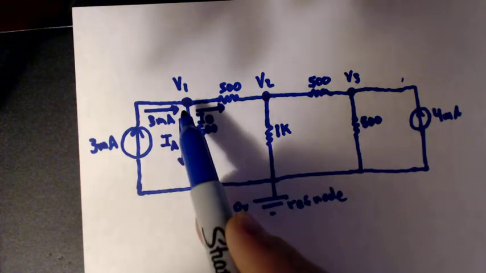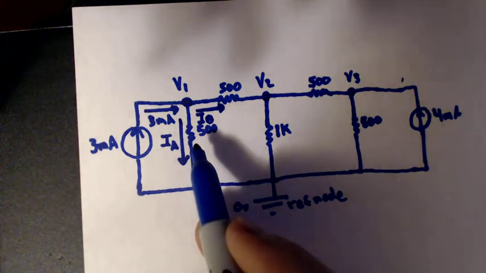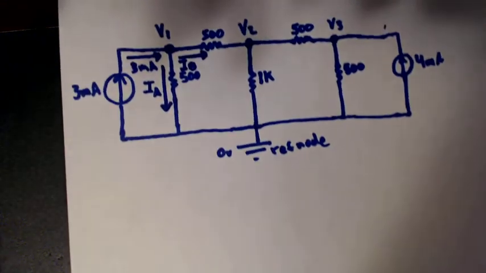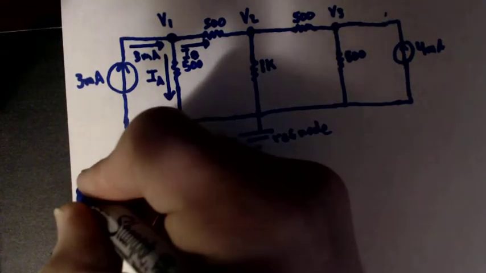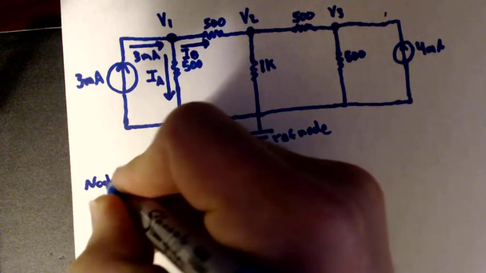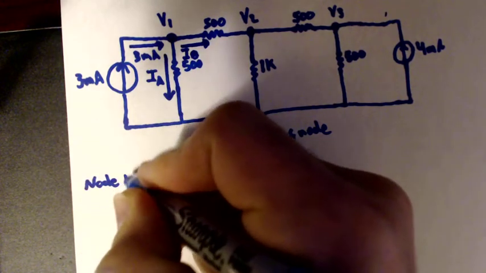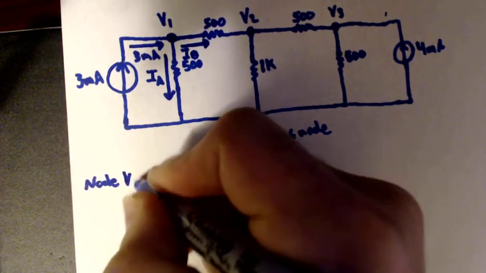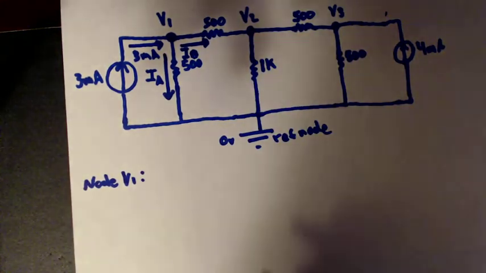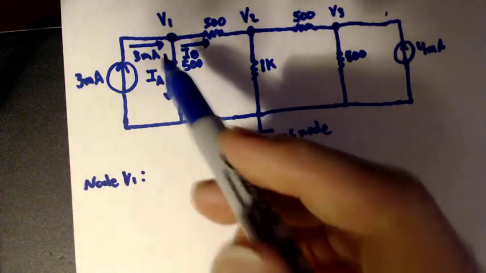Great. Let's write what this KCL expression is. Over here, we're working with node V1. And the KCL expression, well, look at what's going on here, right?